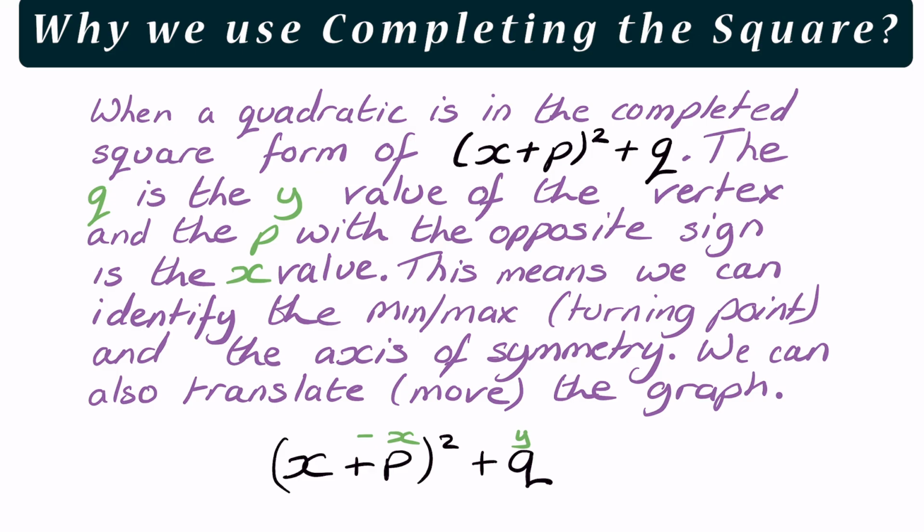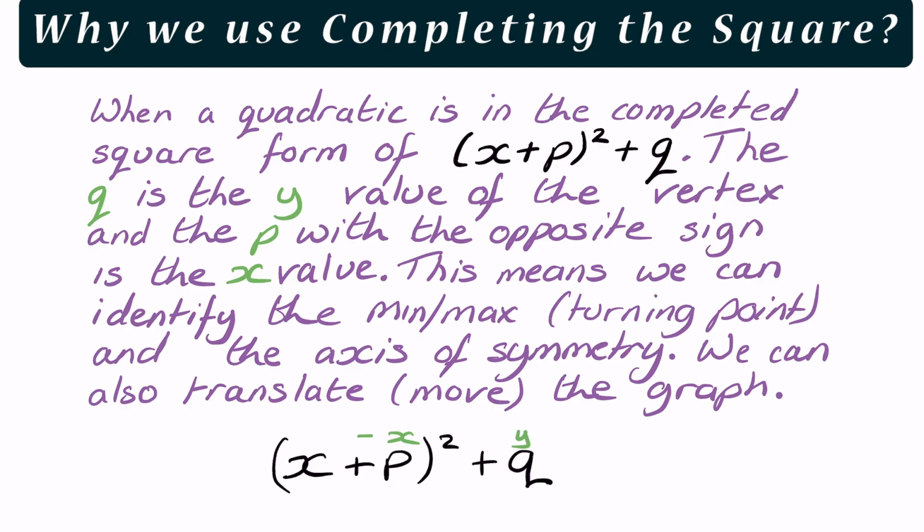Then before we wrap up, here's a quick look at why we actually use completing the square. It's when a quadratic is in the completed square form of x plus p squared plus q. The q value, which is outside here, is the y value of the vertex. And the p value, which is inside with the opposite sign, is actually the x value.